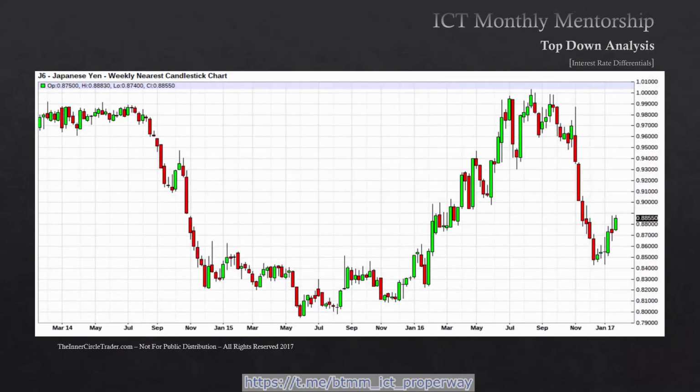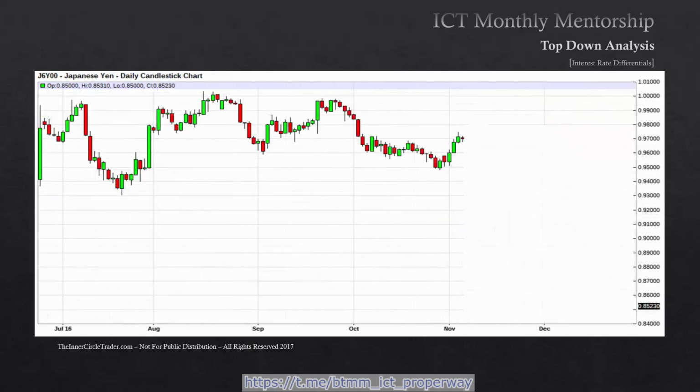As it relates to the cash, you can see the weekly chart here and a bearish order block at the 98.00 level right here. And that would set the stage for a move. And this is the cash price of the Japanese yen.